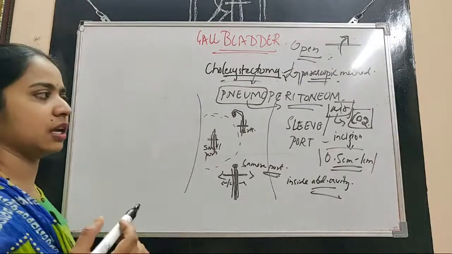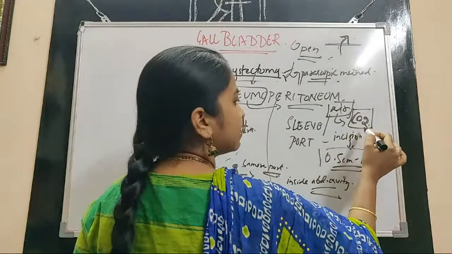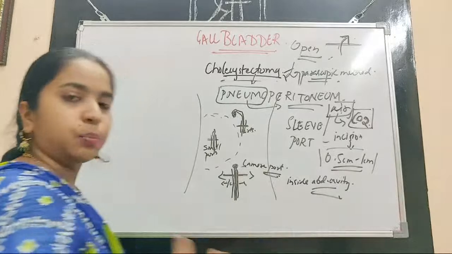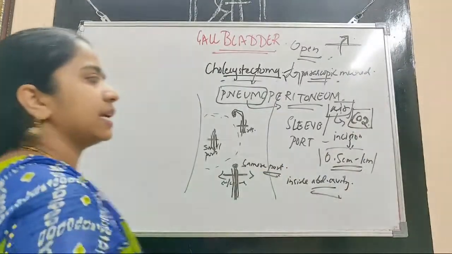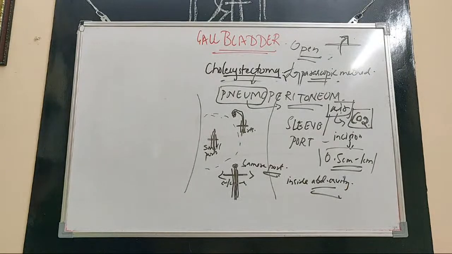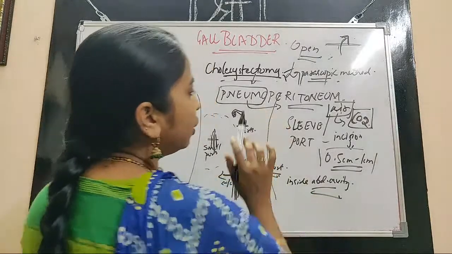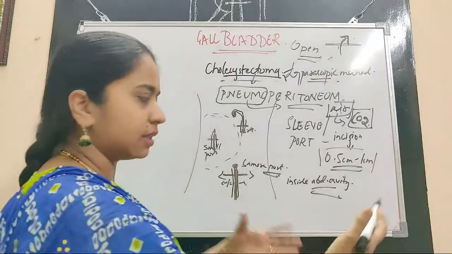Research keeps happening on whether halogenous gases or nitrous gases are better, based on their post-operative effects. But to date, carbon dioxide is the choice of gas we use to create the pneumoperitoneum. How and why this is done is the next question.